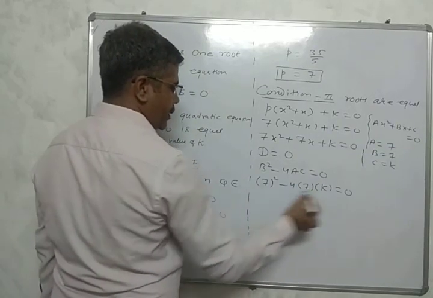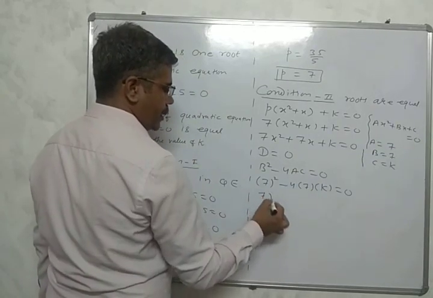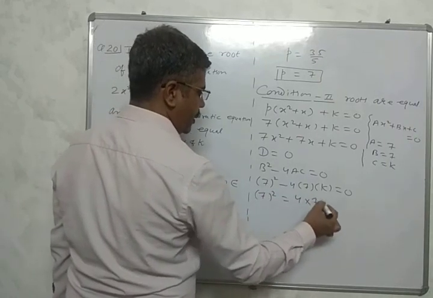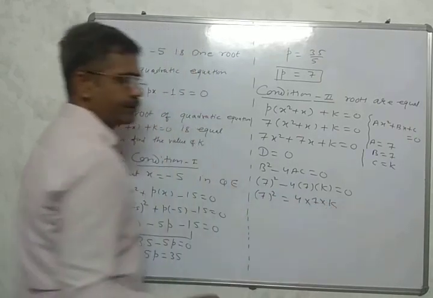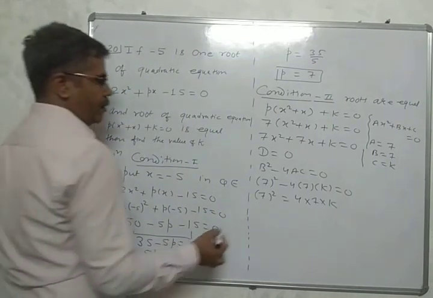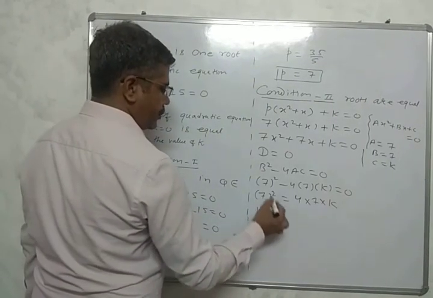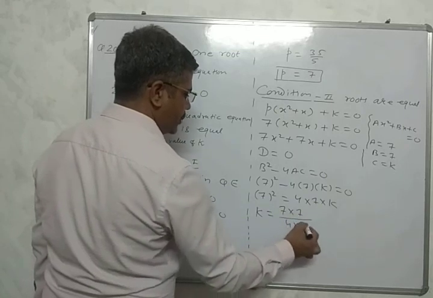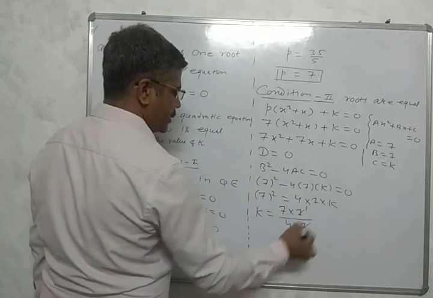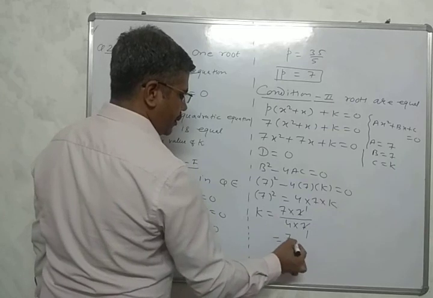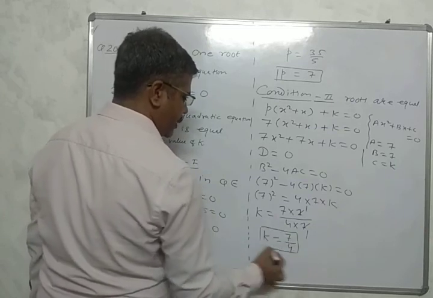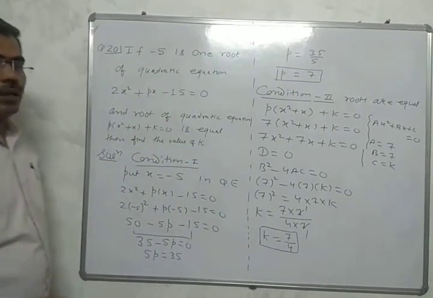On transposition, 7 square equals to 4 into 7 into k. k equals to 7 into 7 upon 4 into 7. 7 and 7 cancel out. We get the value of k is 7 by 4, our answer.